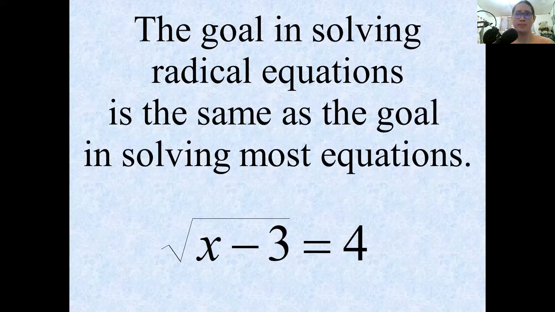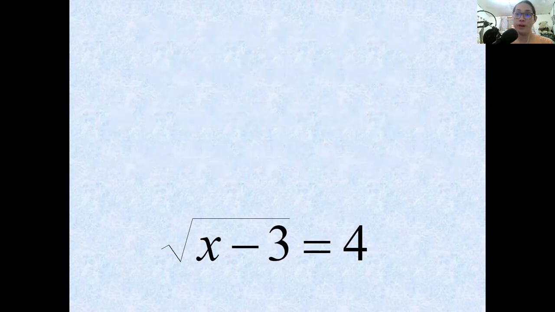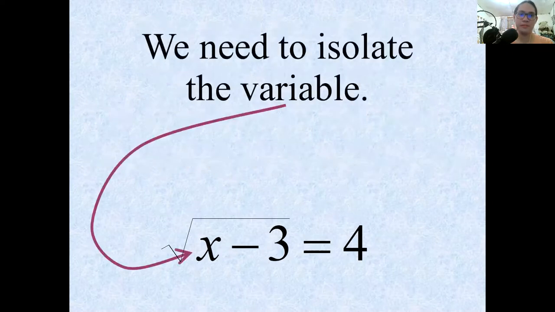Same goal: solving for the value of your variable. So do not be confused about solving radical equations. It is just the same as how you solve most equations. However, we have to remove the radicals so that we can find the value of the variable. So we need to isolate the variable, we have to find the value of x.